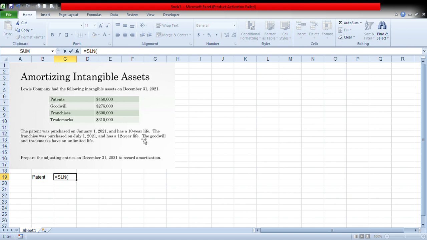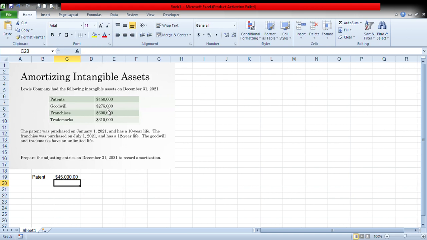The cost of the patent is 4,50,000. There is no salvage value, salvage value is 0, and the life of the patent is 10 years. Understand? So we just calculate the yearly amount. So this is our patent amortization.